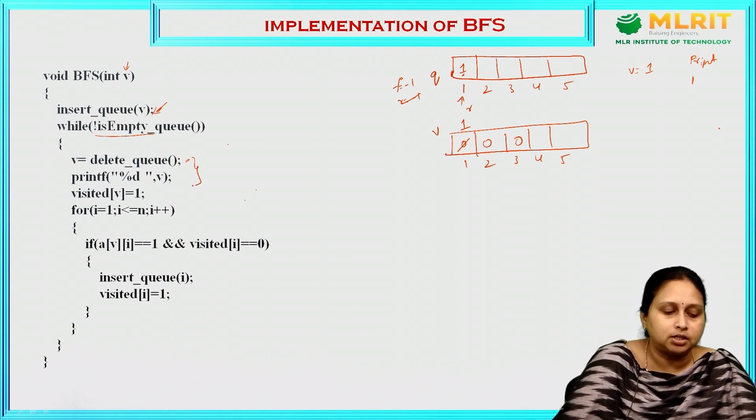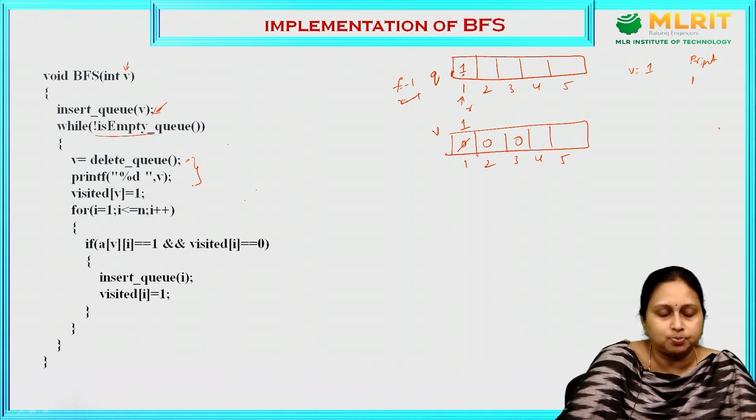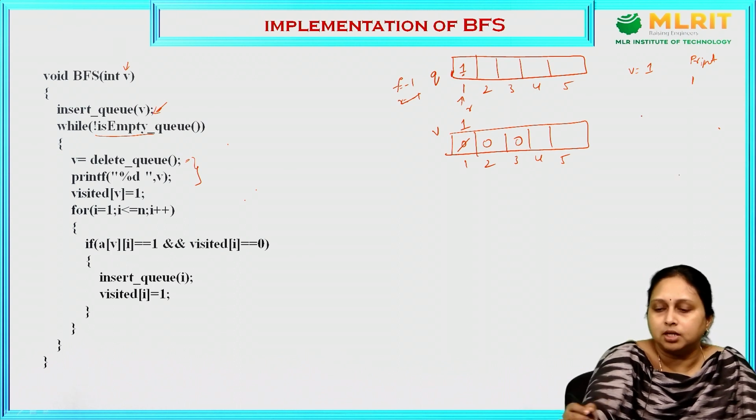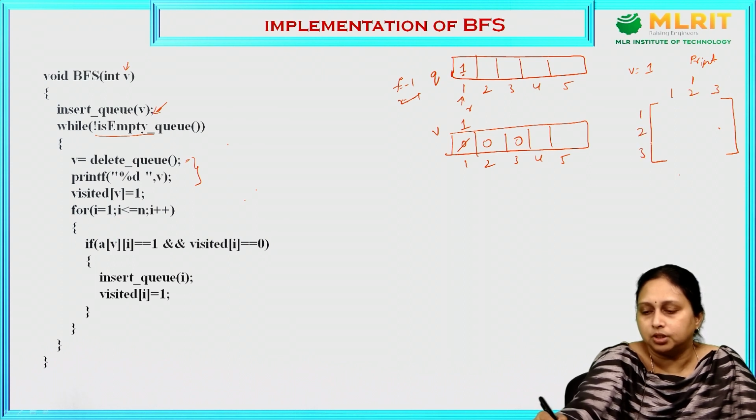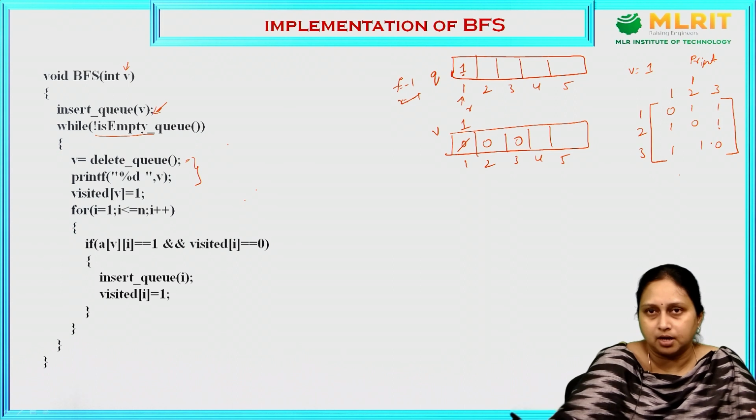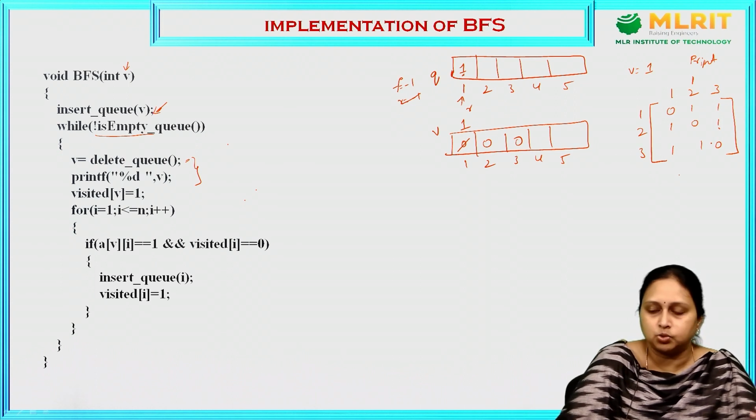Now, start checking for I equal to 1, I less than or equal to n, and this process has to be repeated. This is the adjacency matrix we have, 1, 2, 3, 1, 2, 3. Here you have 0, 1, 1, 1, 0, 1, and here you have 1, 1, 0. This is the matrix which we have taken based on the graph.